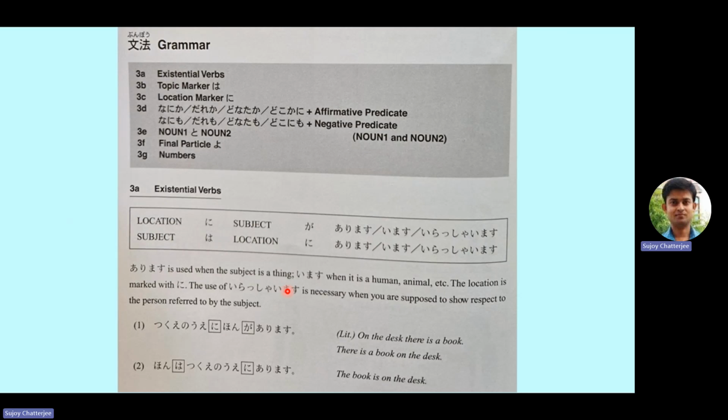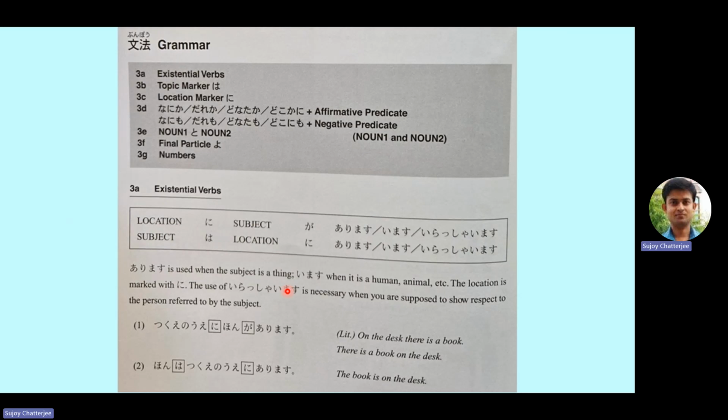So now what is the difference between arimasu, imasu and desu? Desu is a very generic verb which indicates the existence of something, and arimasu and imasu also indicate the existence of something, but they are very specific. They can even indicate the existence of something at some place or on something else.